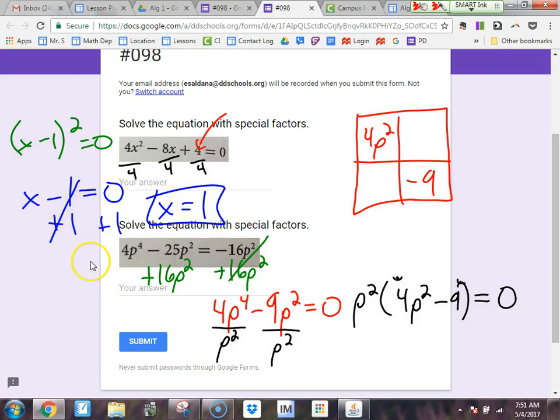Remember, I'm multiplying these two numbers to find what these two terms multiply to. That's negative 36p squared. Yep, 4p squared times negative 9. And I want them to add to 0.